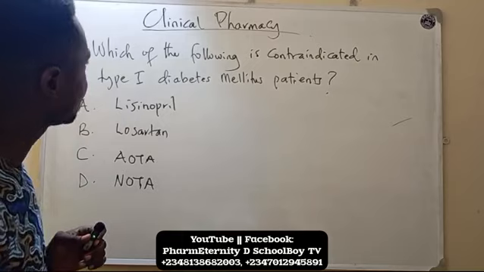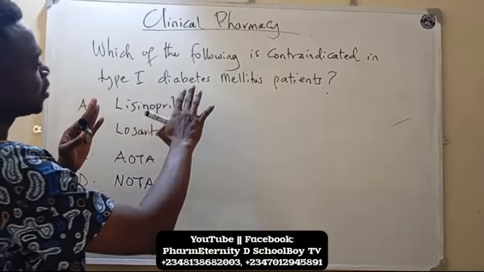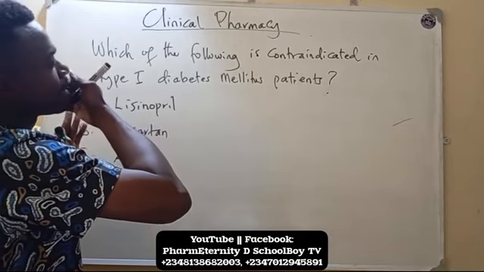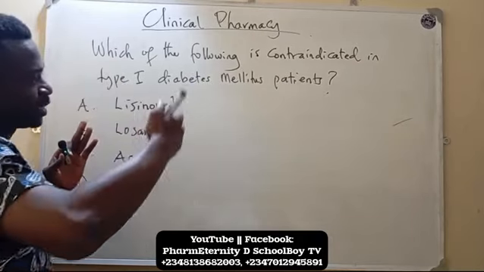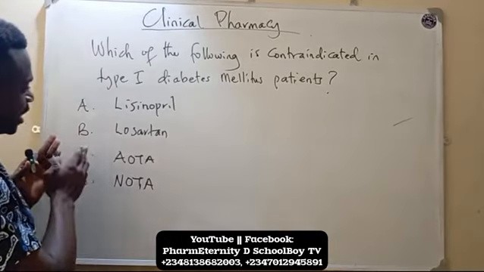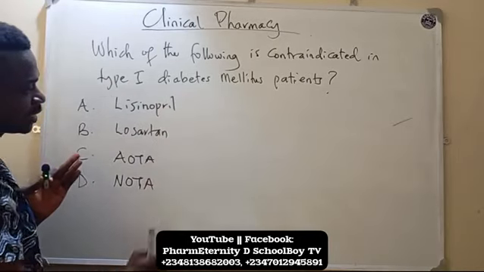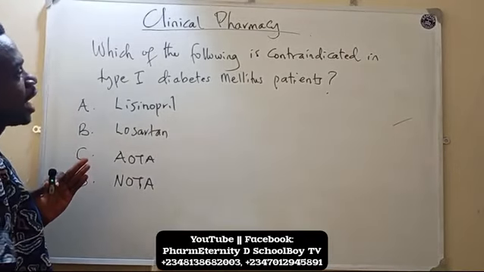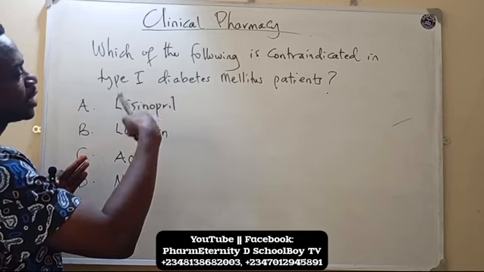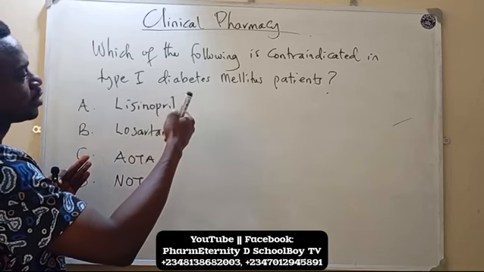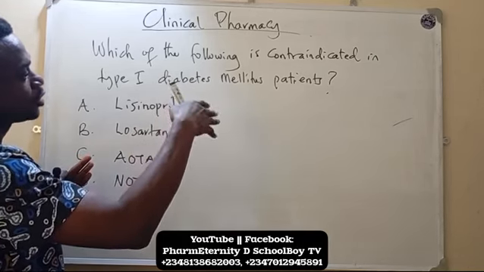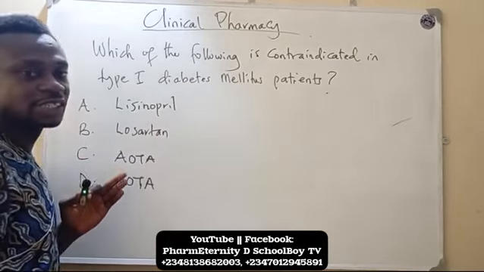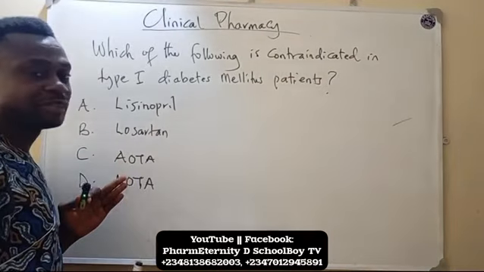Okay, let's look at the question again. The question says, which of the following is contraindicated in type 1 diabetes mellitus patients? As you can see, all these drugs here are antihypertensives. This is another way of saying this question talks about treatment of hypertension in patients with type 1 diabetes mellitus.